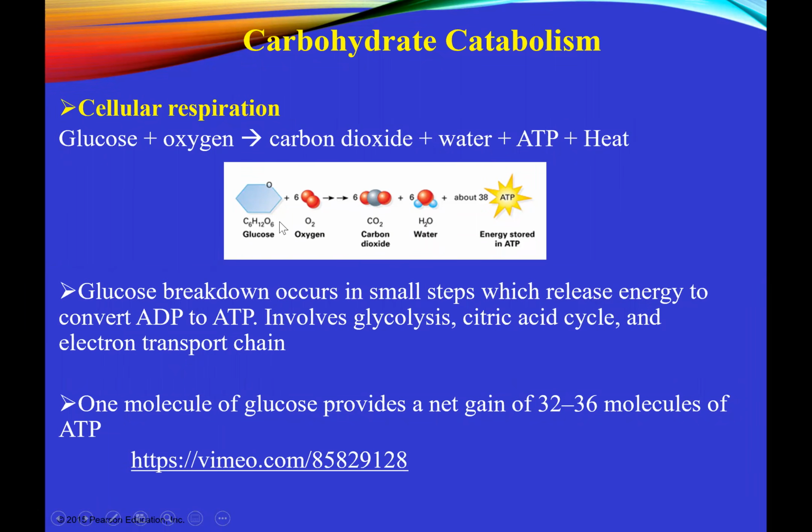Because there's so much energy in the glucose molecule, we can't extract all the ATP in one go. If it all happens in one step, there'll be a mini explosion in every cell. So what our body has cleverly developed is that it will chip away the energy in the glucose molecule little by little.